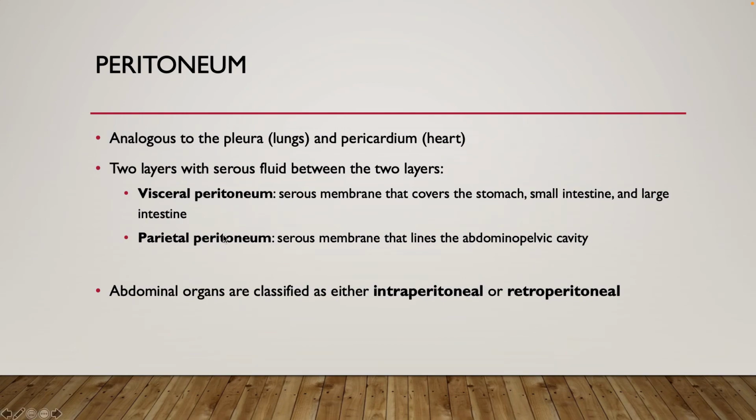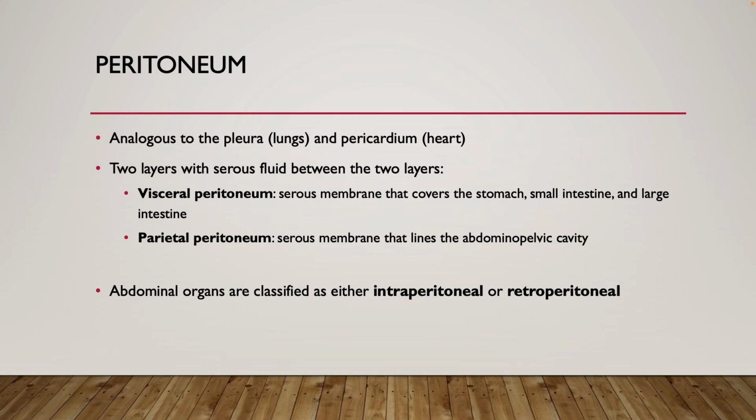Now, we can use the term peritoneum to associate different organs with where they're located relative to the peritoneum. So we can call them intraperitoneal or retroperitoneal organs. Intraperitoneal organs means that there is only a layer of peritoneum on the anterior surface of the organ, as you would see it in the body.